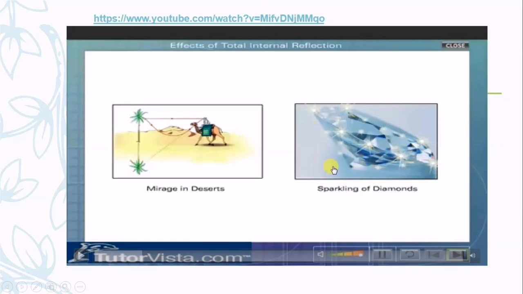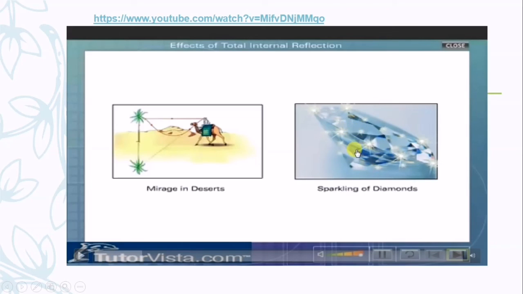It's also one effect of total internal reflection, because as the light enters the diamond, which is a very dense material, the diamond has a small critical angle. It's about 22 or 24 degrees. So when the light enters the diamond, it's not easy for this ray to exit the diamond.